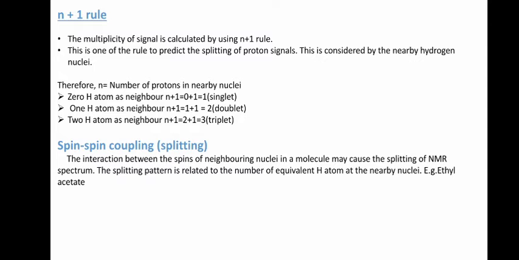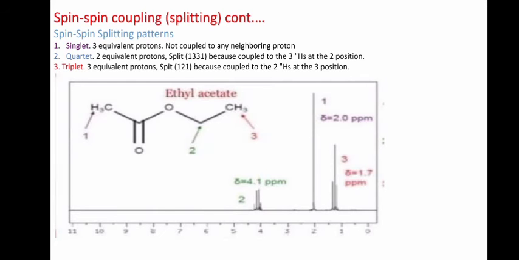Spin-spin coupling means splitting. The interaction between the spins of neighboring nuclei in a molecule may cause the splitting of NMR signals. The splitting pattern is related to the number of equivalent hydrogen atoms at nearby nuclei. Example: ethyl acetate. With the example of ethyl acetate, we will understand the spin-spin splitting patterns.